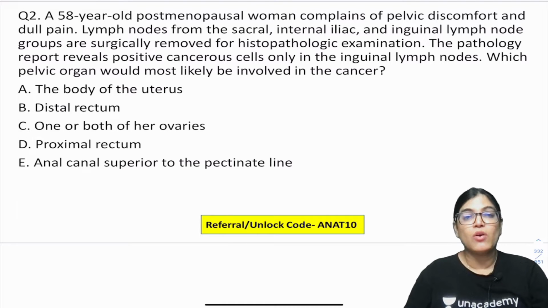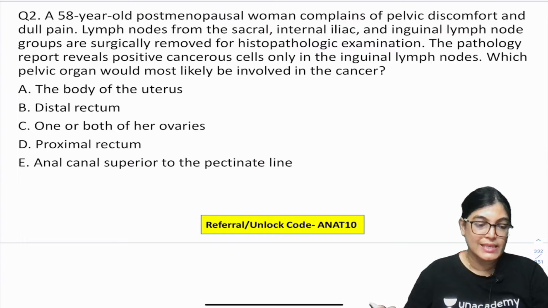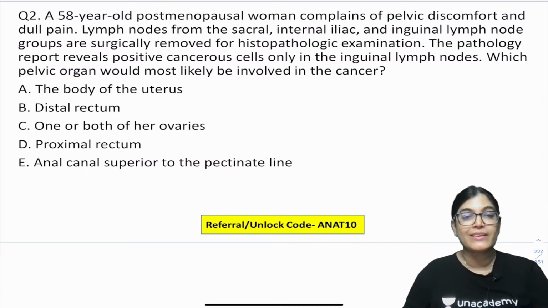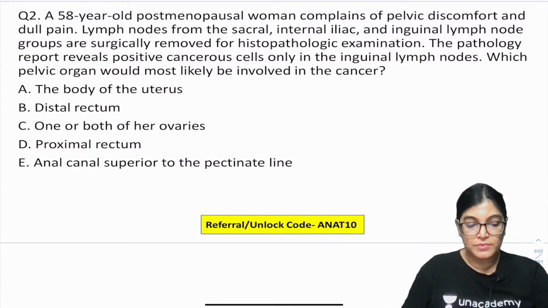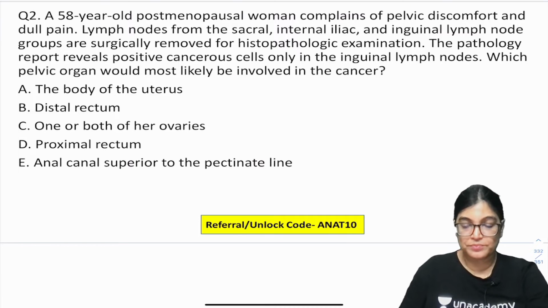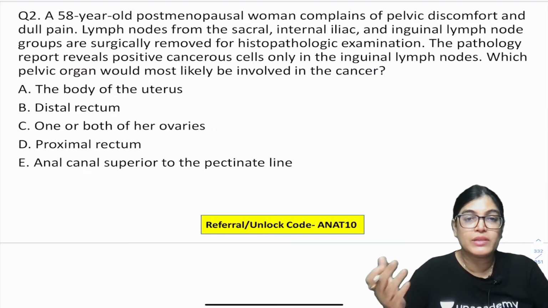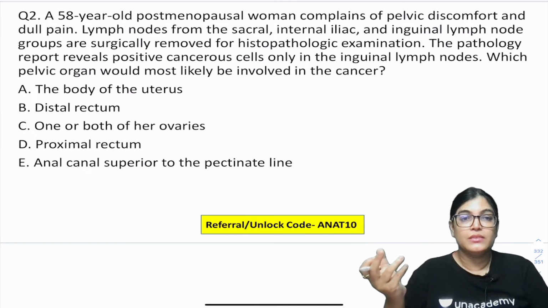So which of the pelvic organs could most likely be involved in this case of cancer? The options are body of uterus, distal rectum, one or both of the ovaries, the proximal rectum, or the anal canal superior to pectinate line. These are the anatomical reasons mentioned, and you have to tell which is the correct answer.